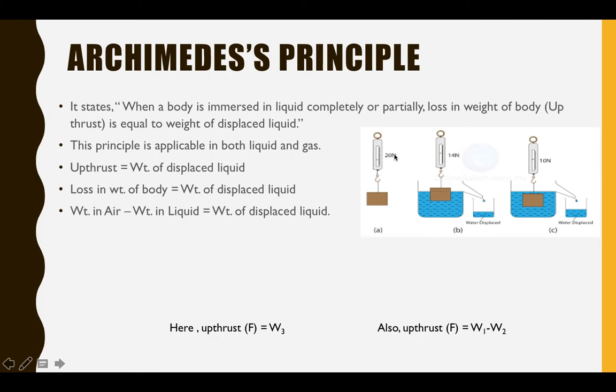Weight in air minus weight in liquid. So the formula we got here is weight in air, W1, minus weight in liquid, W2, equals weight of displaced liquid, W3. Submarine, hot air balloon, hydrometer, ship, etc., follow this principle.